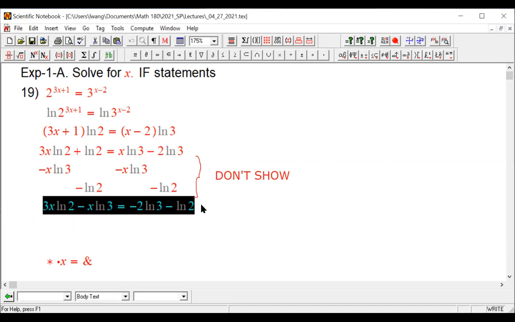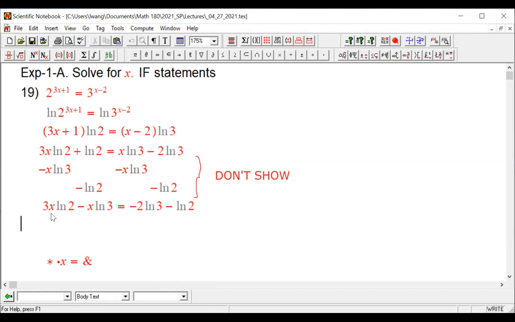so now we get to this place, and we're going to factor out the x. The x is out, and we have 3 times ln2 minus ln3 equals the right-hand side is that.